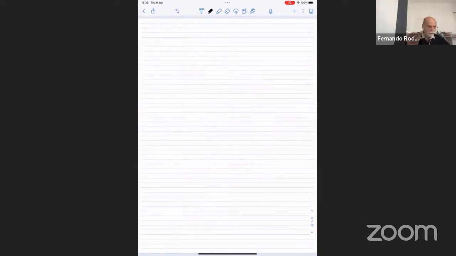Now I want to define what this hypergeometric motive is. For a while, this was somewhat of a hand-wavy thing, and it took a little bit of time to make a precise definition, which I'll try to sketch.